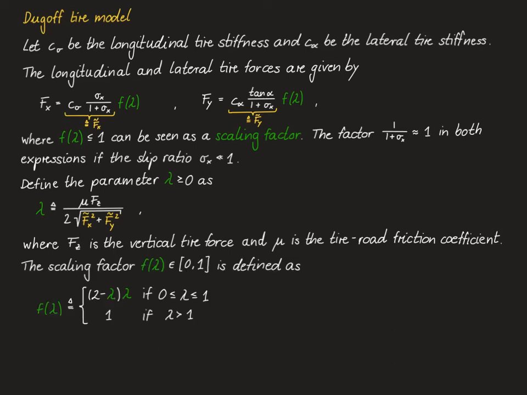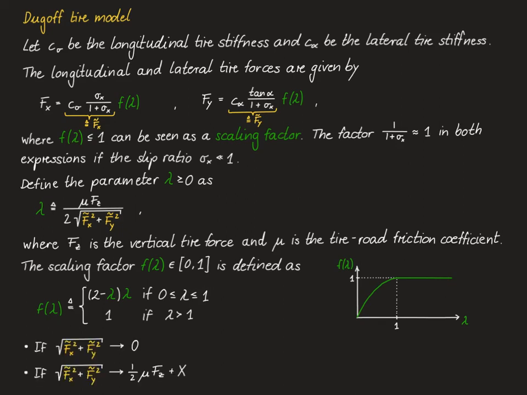The scaling factor f of lambda is now defined as (2 minus lambda) times lambda if lambda is in the interval between 0 and 1, and 1 otherwise. If we make a little sketch of that function f of lambda, this is what the function looks like. So in the interval of lambda between 0 and 1, the function has a parabolic shape, and for lambda above 1, the function is just constant and equal to 1.